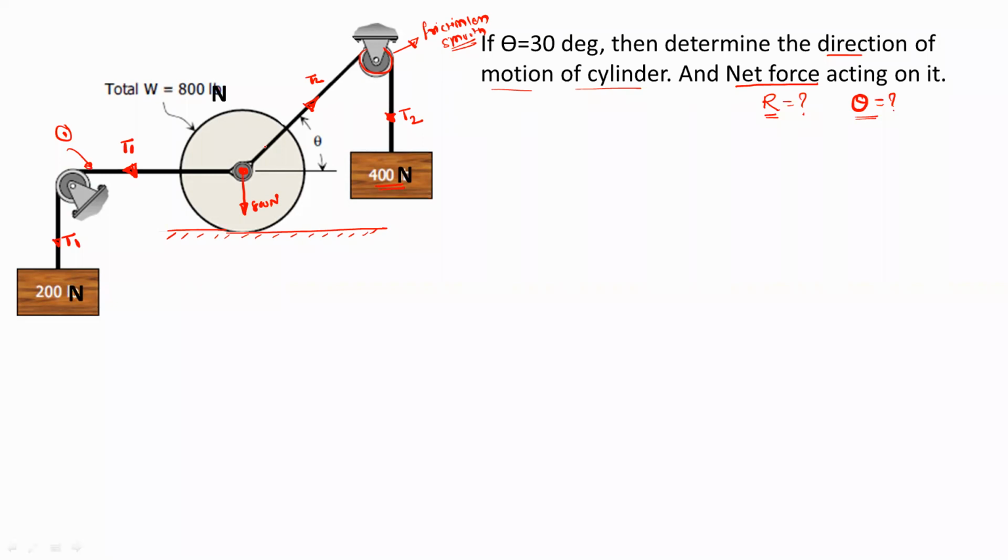Now this system is a concurrent force system where three forces are acting at the same point, that is the point of concurrency. So we can draw one simplified diagram for the given system. This is the cylinder, this is the weight force, W equal to 800 Newton. Then this is the tension force T2, equal to 400 Newton.